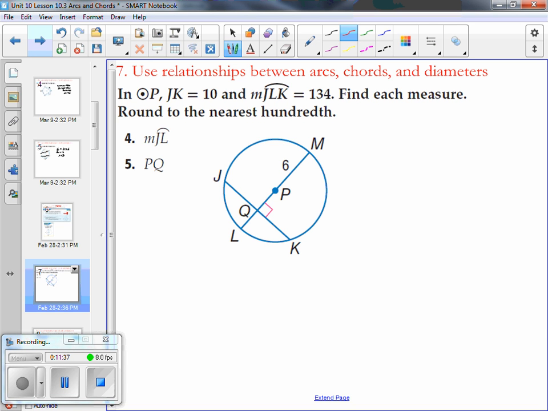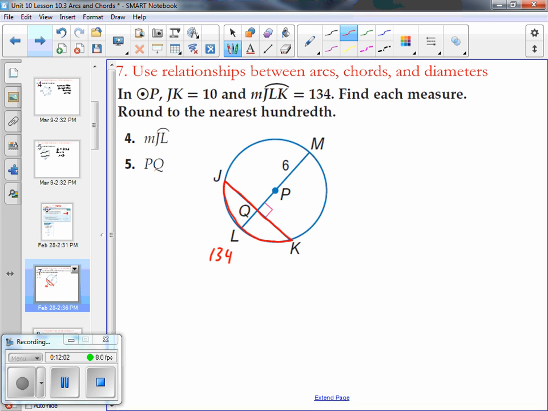So, number 4 and number 5 on page 704. In circle P, the length of JK is 10. So this red segment here is 10. And the measure of arc JLK is 134. So I'll make this red arc be 134. Find each measure.